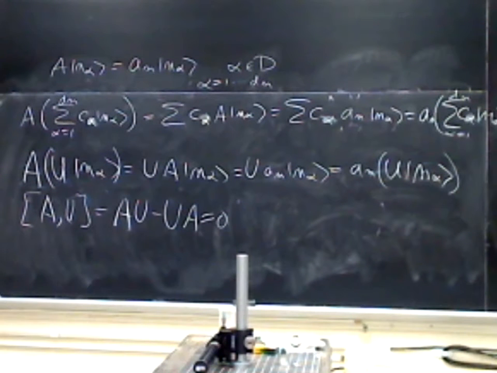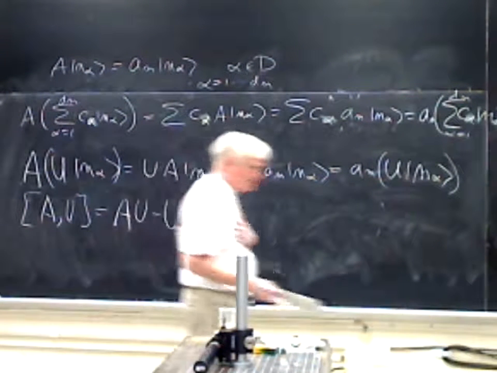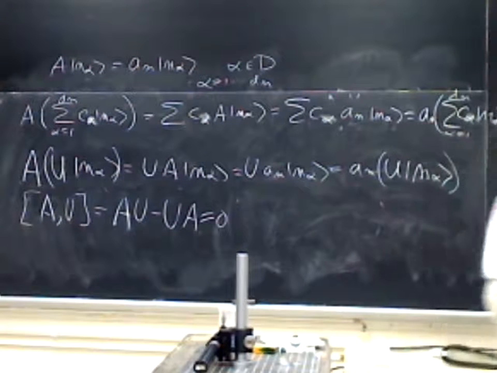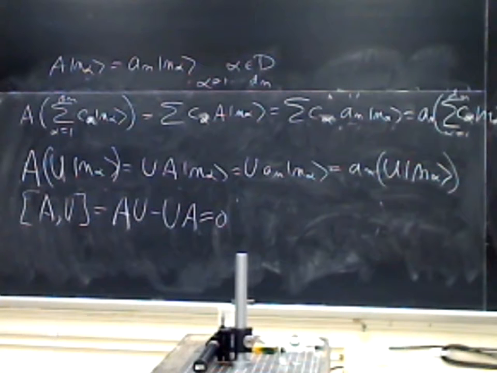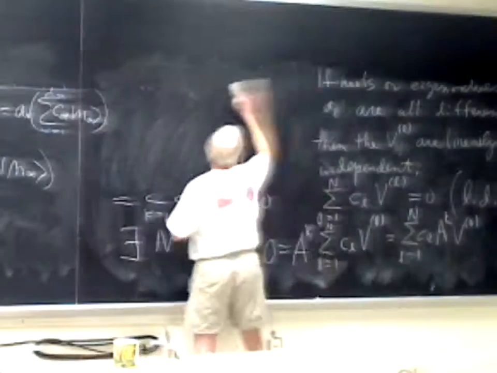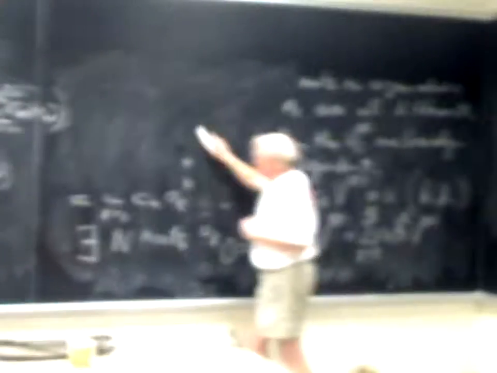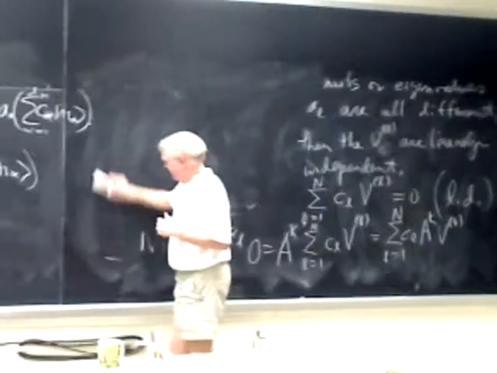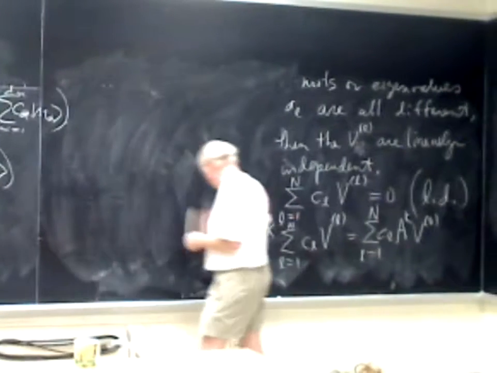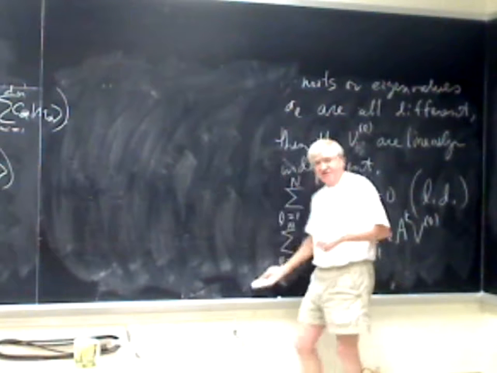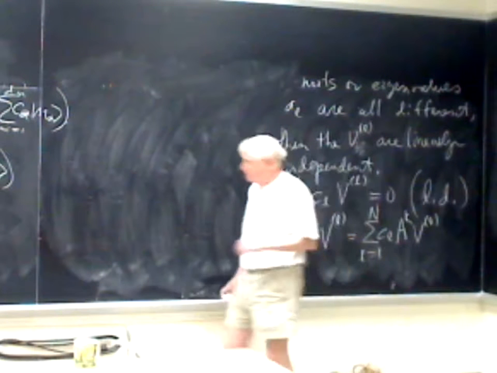The question is, how do you go about this in a sensible way? We'll have to pick this up next time, but let me just give you the flavor of it. The flavor of it is you look for a crooked operator, one that doesn't have all the symmetry of the operator that you started with.